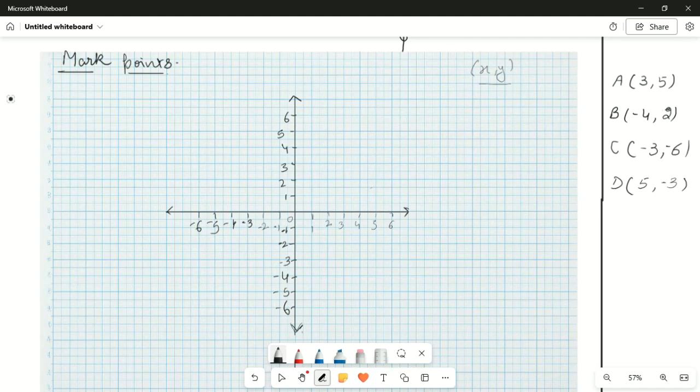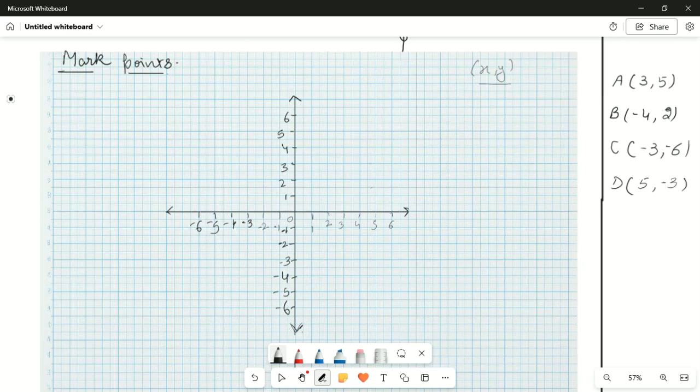For example, let's plot point A (3, 5) on the graph paper. On the x-axis, we have to move 3 points right of 0. Okay, 3 points right here. And from this point, we have to move 5 points up on the y-axis.